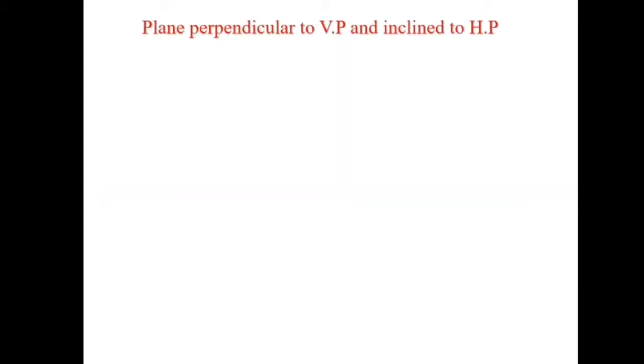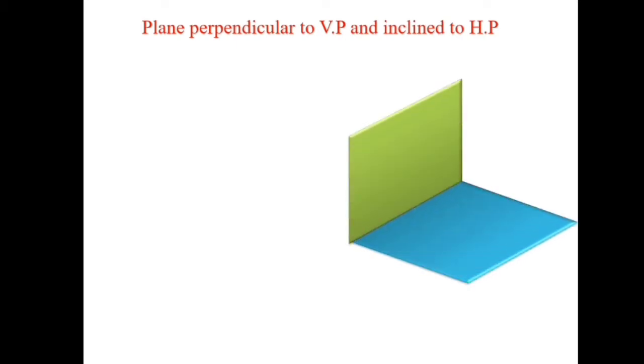And next, the fourth method: plane perpendicular to VP and inclined to HP. Now you see this plane, the plane is inclined to HP. Now you see this rectangle plane. The rectangle plane's surface is inclined to HP and it is perpendicular to VP.